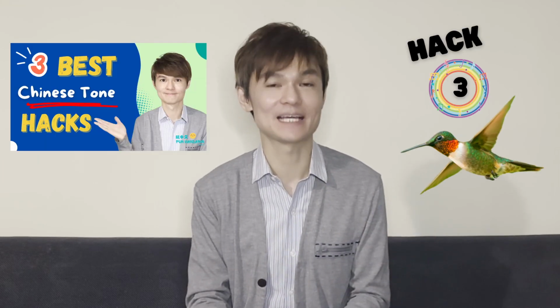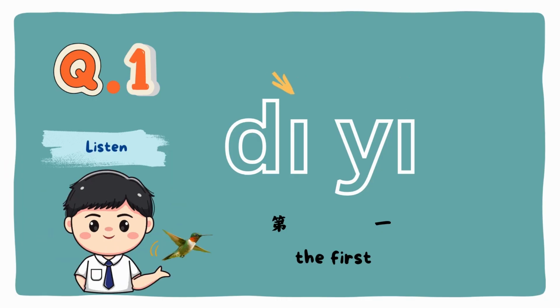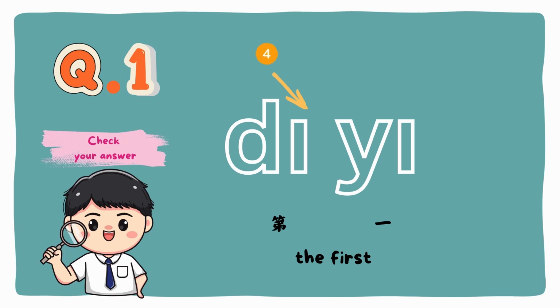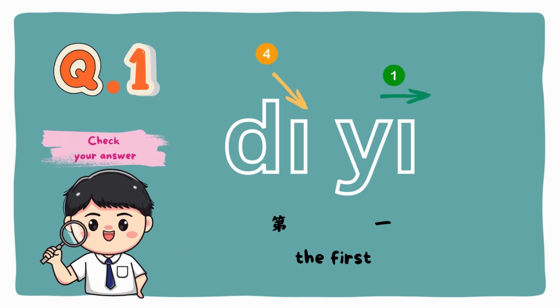If you're not sure, why not try the hummingbird hack I introduced in the last episode? So, 第一 would be 呵呵 呵呵. It sounds much clearer, doesn't it? 第 is the fourth tone, and 一 is the first tone.